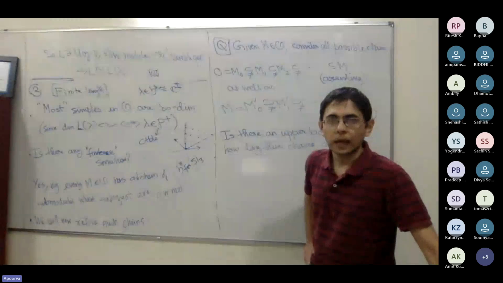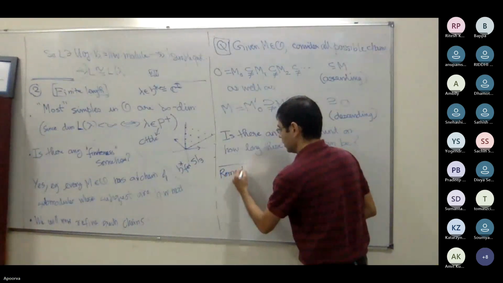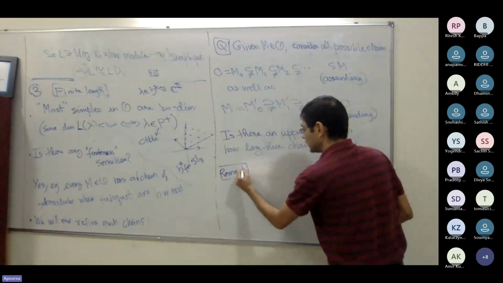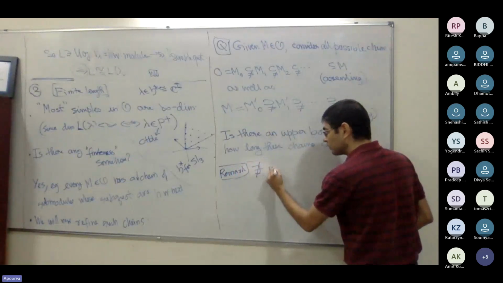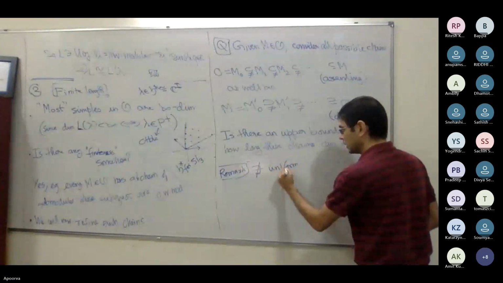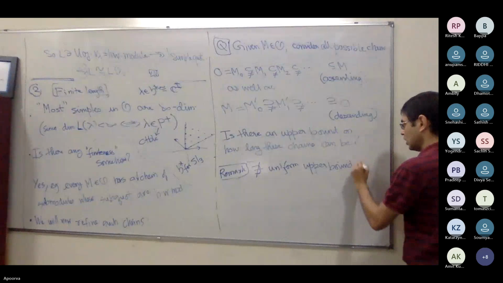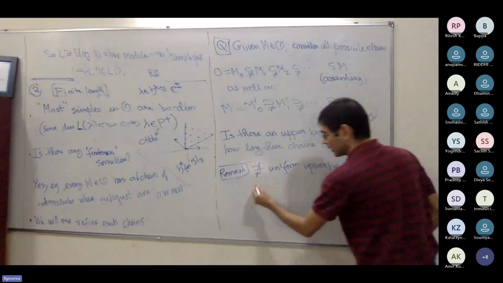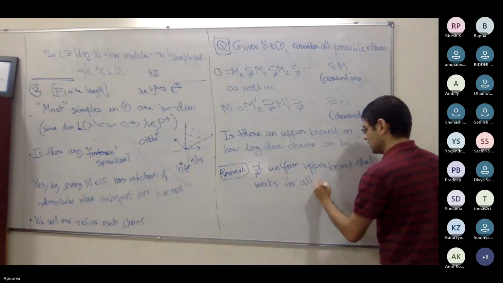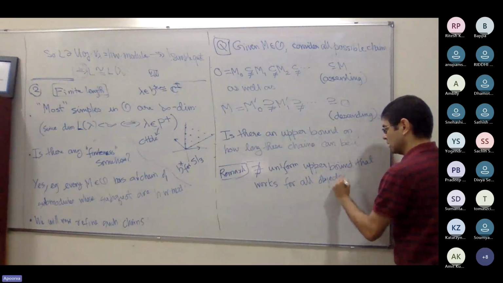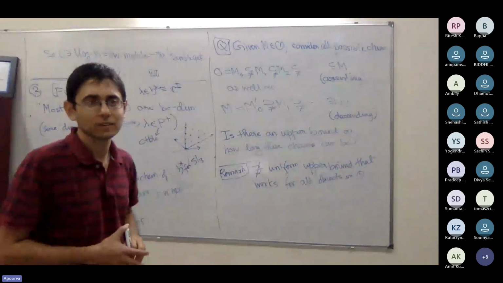So first of all, as I said, maybe I'll point out the remark. There does not exist a uniform upper bound that works for all of category O. Somebody should give me an example, somebody should give me a proof of that.